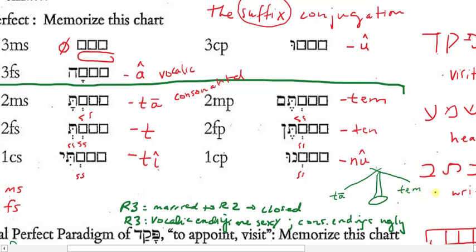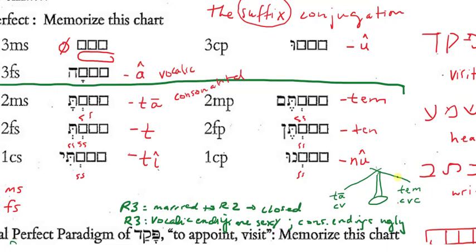And you're going to see which one weighs more. Which one do you think would weigh more? Ta, the second masculine singular form, is a consonant and a vowel. Tem is a consonant and a vowel and a consonant. So clearly, if we put these on a scale, which one would weigh more?